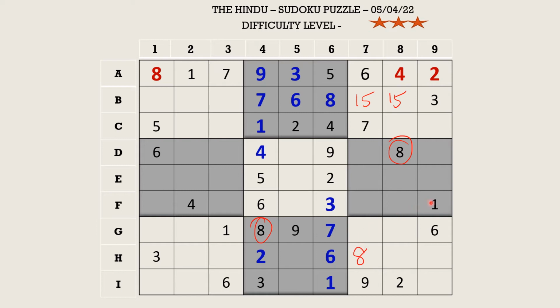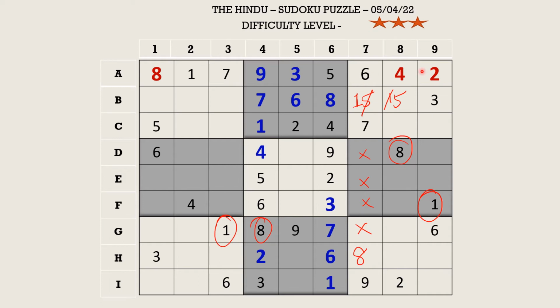Now there is a 1 here in this block which blocks all these 3 cells. There is a 1 here in G row which blocks this cell. So in column 7, B7 is the only cell where 1 can be. So let's eliminate 5, and 1 goes in B7 and 5 goes in B8.